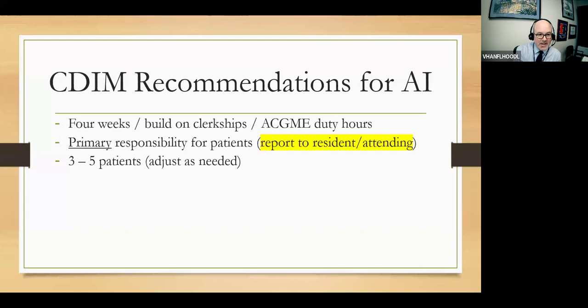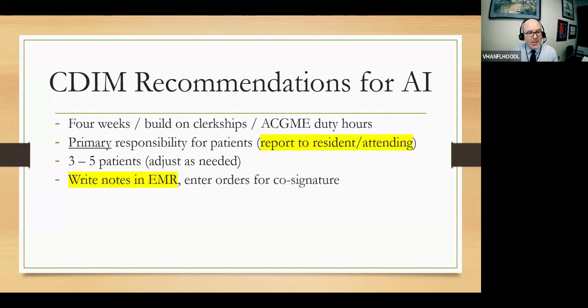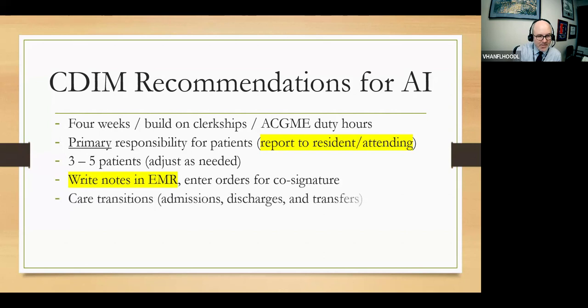They actually talked about caps, and of course that can go up or down as needed. They talked about making sure that they're writing notes in the electronic medical record. Of course, that's been greatly helped by the CMS rulings that came out after, or maybe concurrent with, these initial statements. They should be putting their own orders in and be involved in all those core transitions.